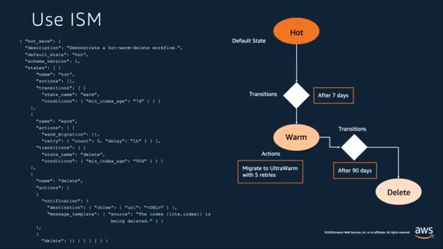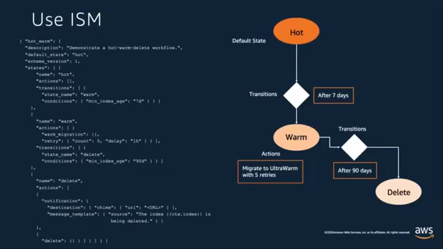That JSON policy is going to specify a set of states and a set of transitions for those states. With this one, you start out in the default state, it's in the hot tier, it transitions to the warm state after 7 days, and then when it is in the warm state, it migrates to ultra warm, and you will transition to the delete state after 90 days.